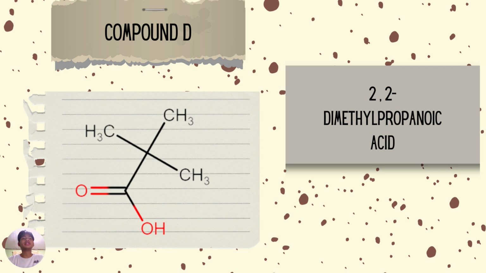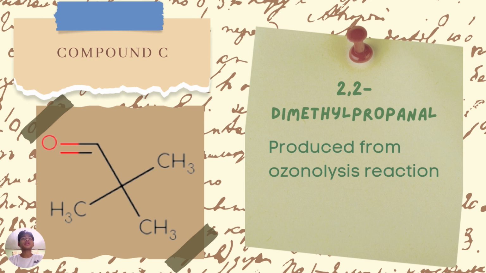So in order to get compound C, we need to reverse the reaction, which is a reduction process. Compound C is 2,2-dimethyl propanal, which has an aldehyde functional group. When compound D undergoes reduction, the oxygen atom from the hydroxyl group breaks, and then we have compound C. Compound C is also produced from the ozonolysis reaction.